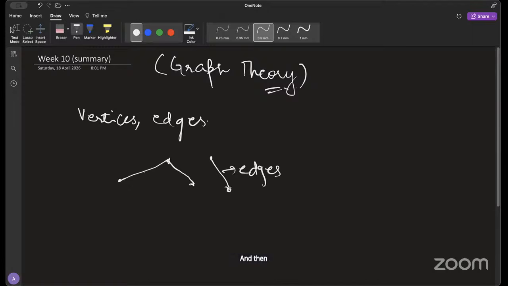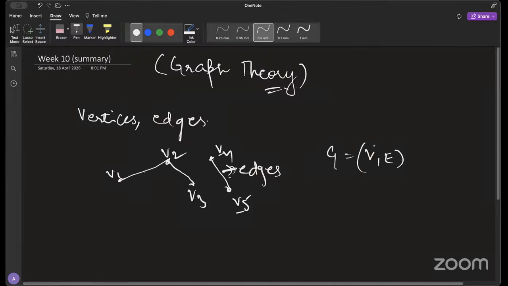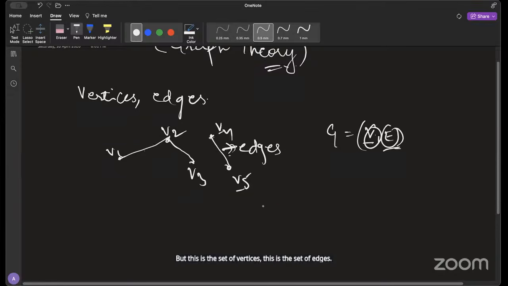And these dots, which you mention like V1, so this is the first vertex, second vertex, third vertex, fourth one, fifth one. These are vertices, and these are the edges. And this collectively is called a graph, where this is the set of vertices and this is the set of edges, capital V and capital E.